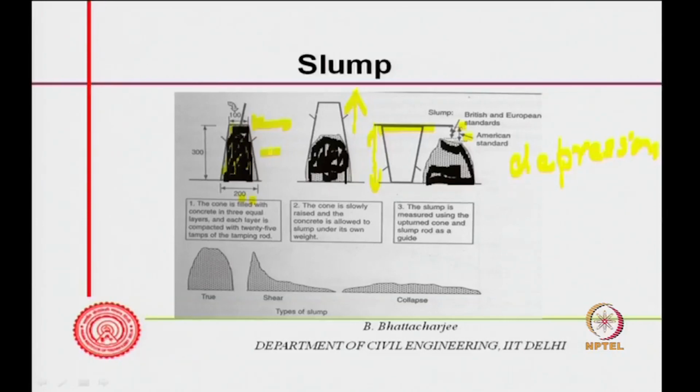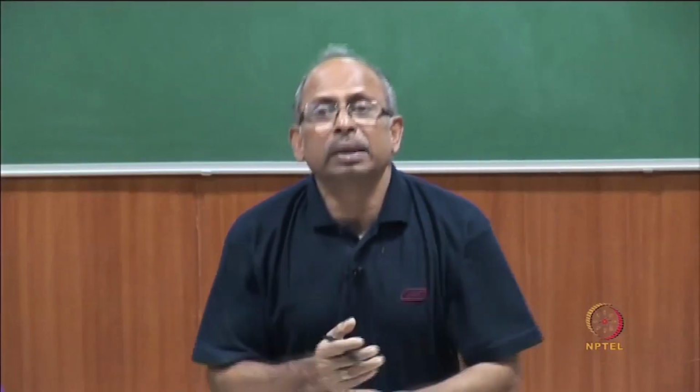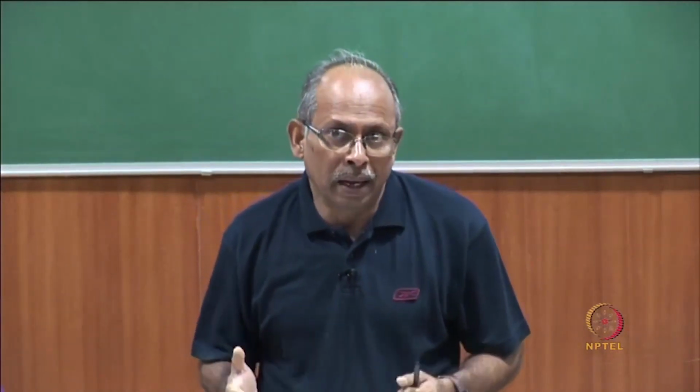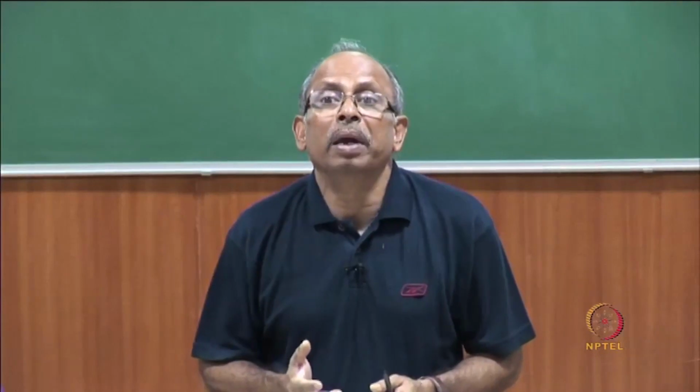So, slump is measured using an upturned cone and slump rod as a guide. This is the rod you put, as a guide, and therefore this is the slump. So, we can understand that if the concrete is flowing, then slump will be very high. If it is stiff, slump will be very low.